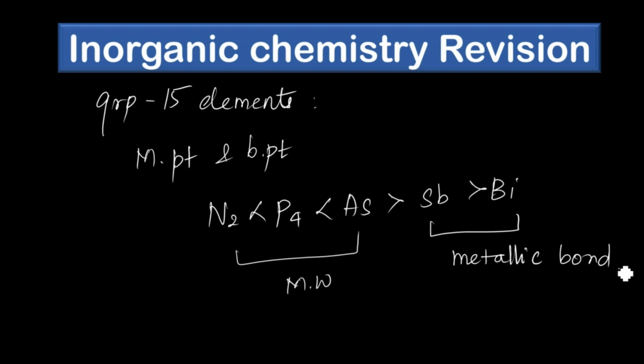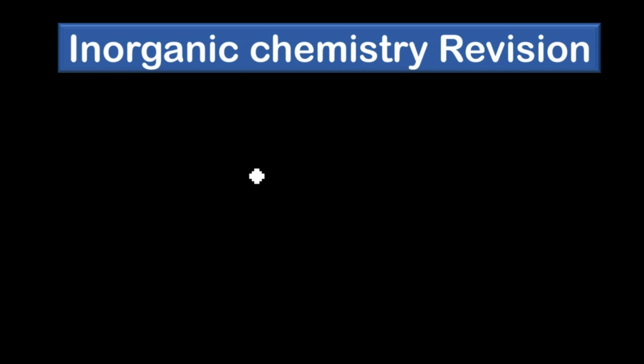Then we are going to talk about the hydrides. It can form MH3, NH3, PH3, AsH3, like that.